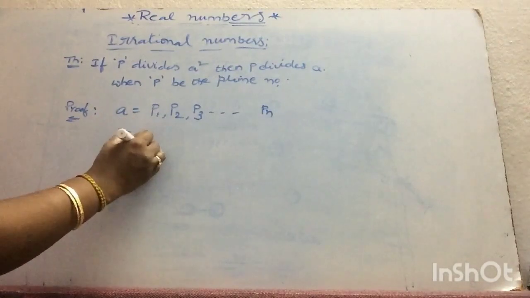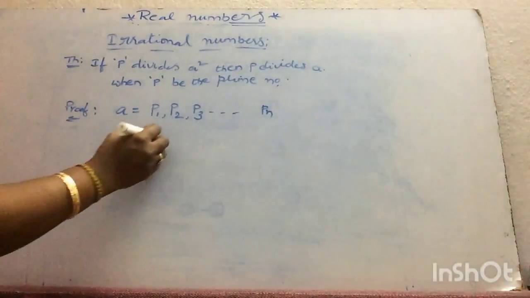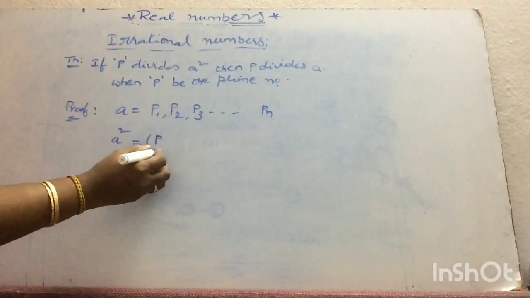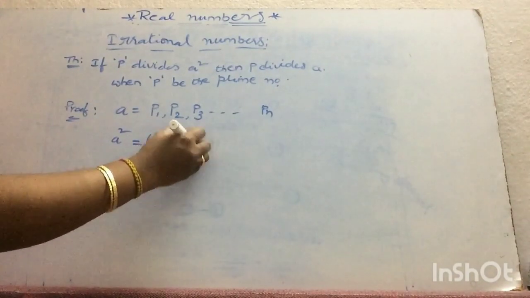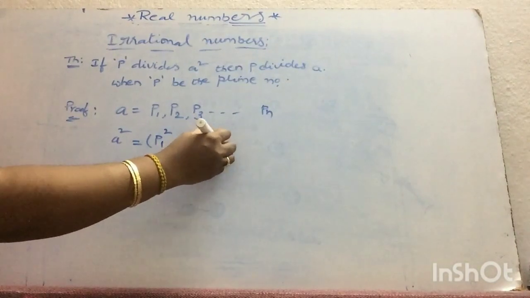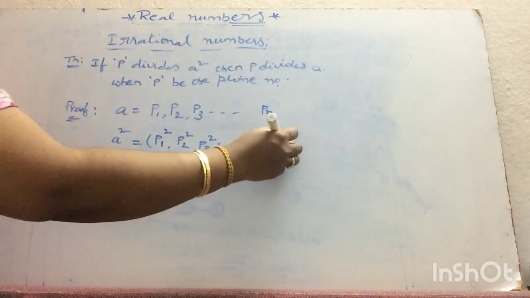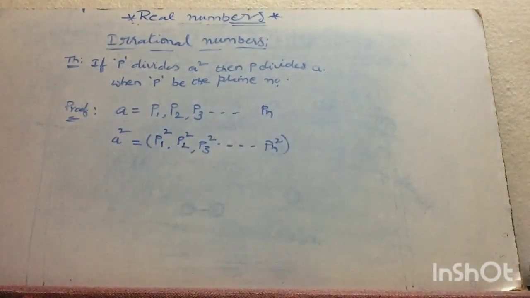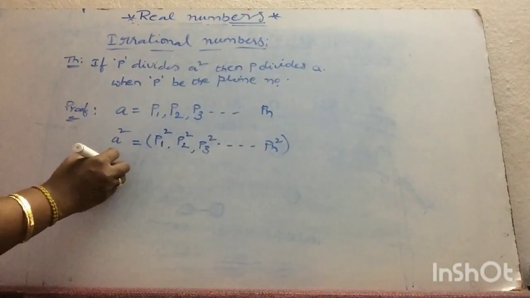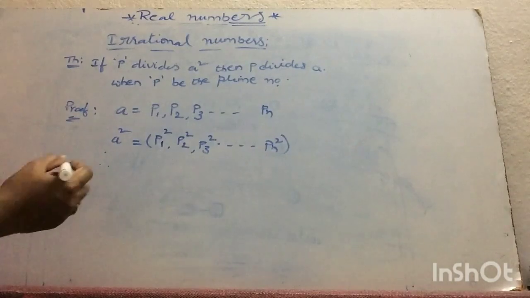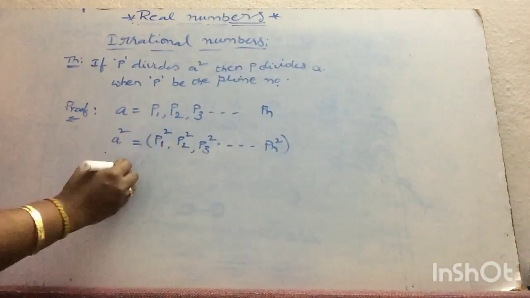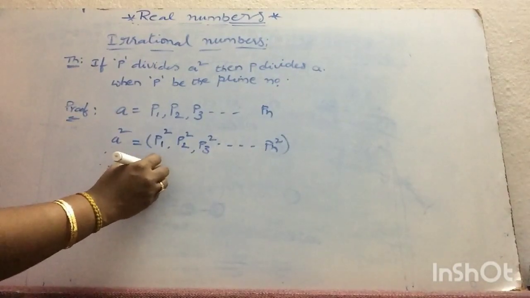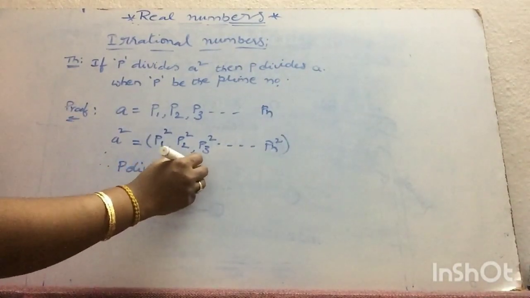A square equals P1 square, P2 square, P3 square and so on up to Pn square. Therefore P divides A square.